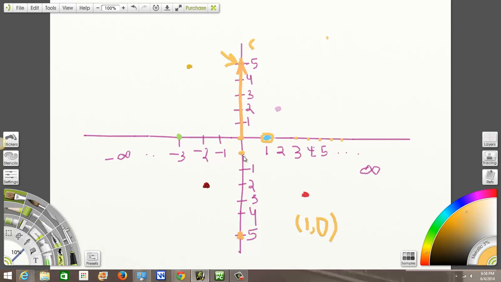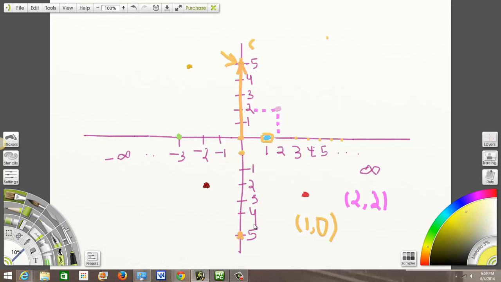So let's take a look at this little point here, this pink point. Let's take a look at its x value. We get that the x value is 2, and let's look at the y value, which is once again 2. Okay, let's focus on this yellow point.